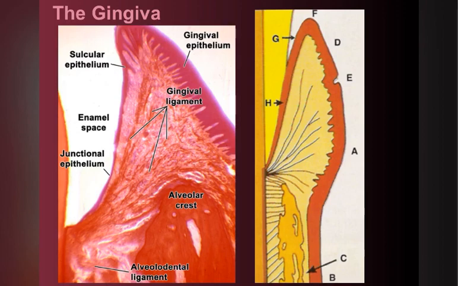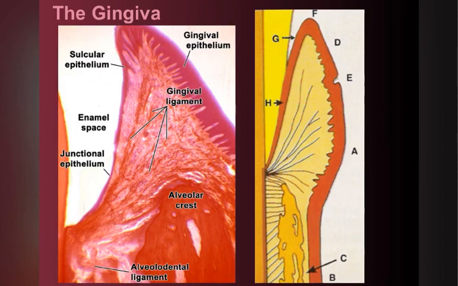Here in this figure we see that starting from the cemento-enamel junction, which is here, there is junctional epithelium, which is smooth and doesn't have raised ridges.